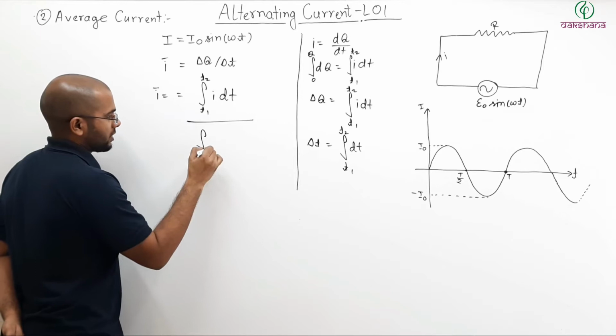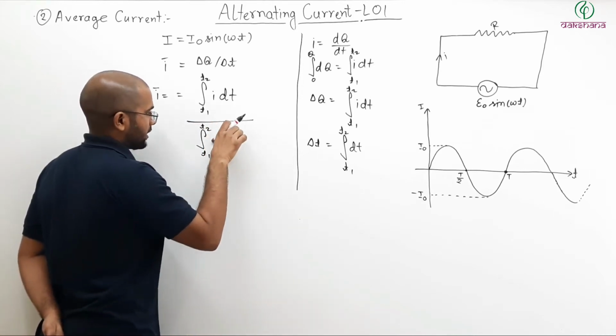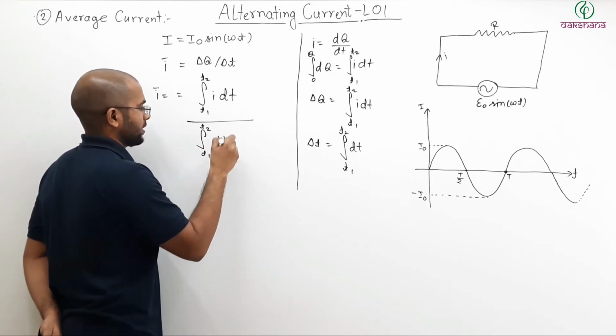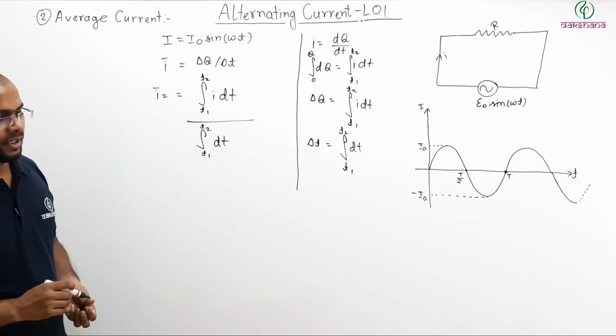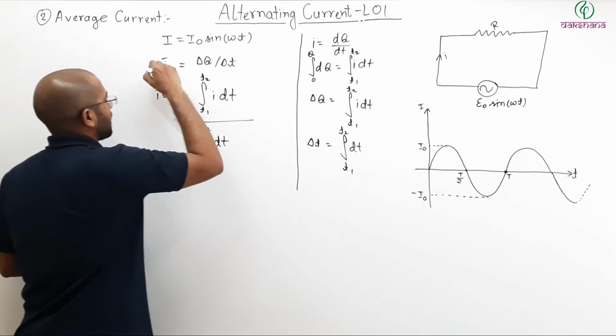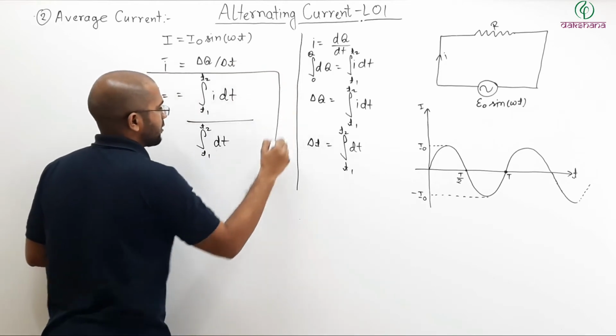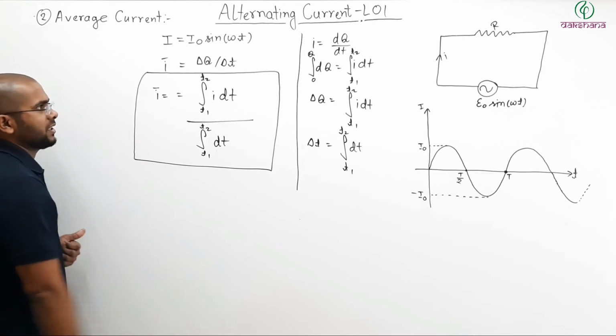Again integration T1 to T2, not I dt, simply dt. So that is your total time. So average current under any condition may be written like this. This will be your general definition of I average.